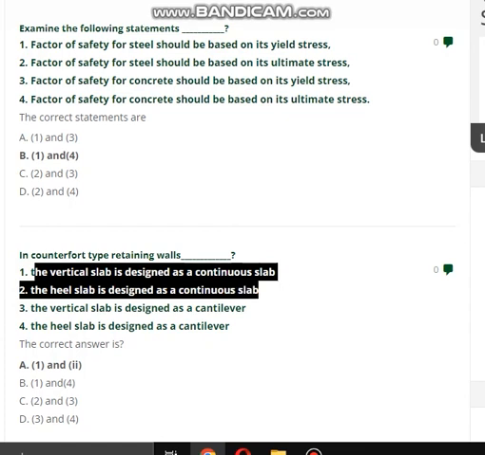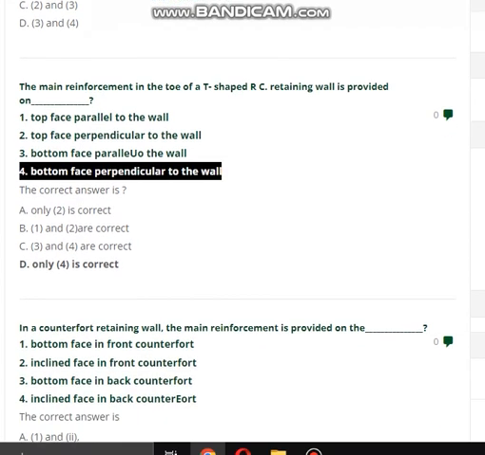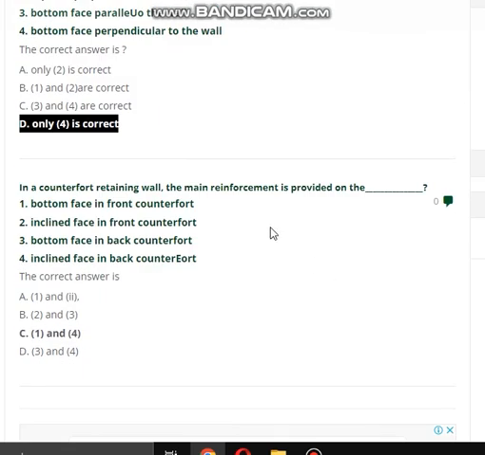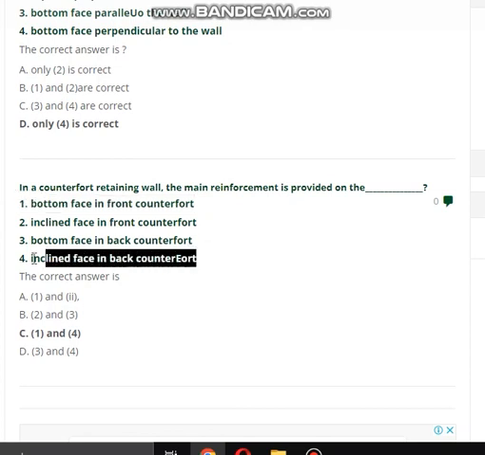These two are the answer. The main reinforcement in the toe of a T-shaped RC retaining wall is provided on the bottom face perpendicular to the wall. 4 is the correct answer. In the counterfort retaining wall, the main reinforcement is provided on the bottom face in front counterfort, inclined face in back counterfort.